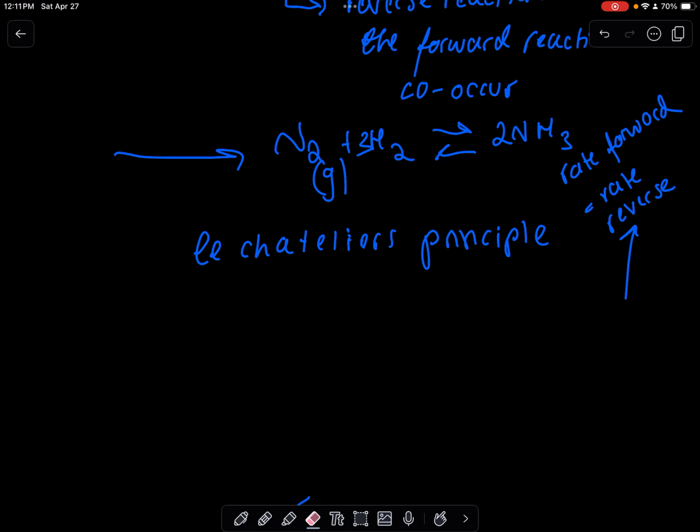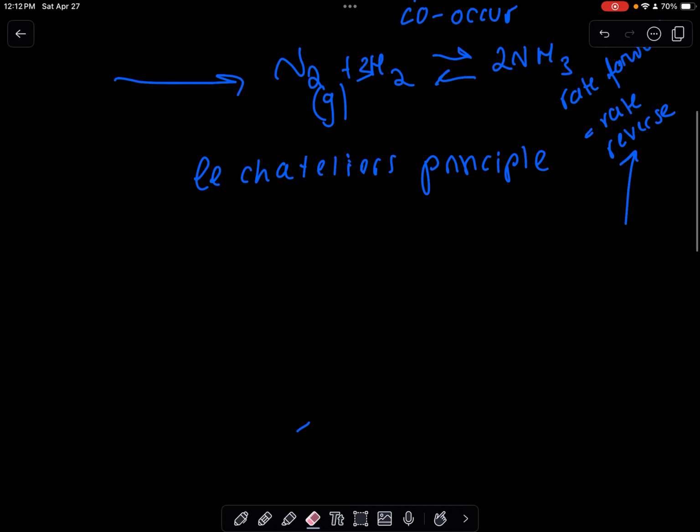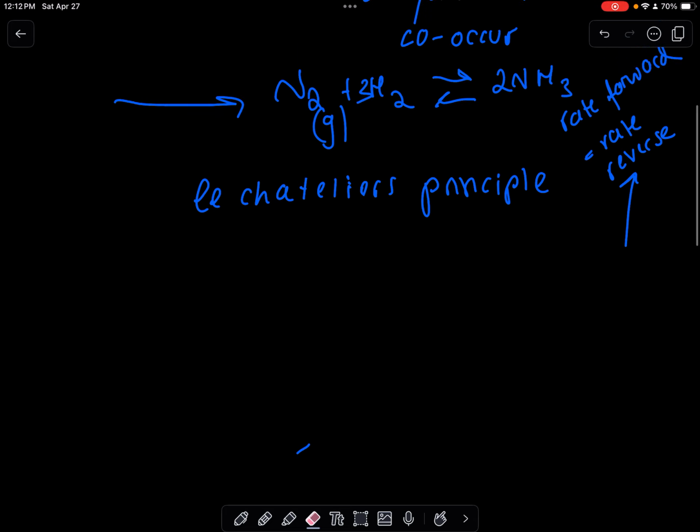So let's begin our discussion by talking about a pretty important concept before we get into Le Chatelier's principle, which is known as the equilibrium constant. What the equilibrium constant is, is the expression which we can use to find the concentration of species which are in equilibrium.